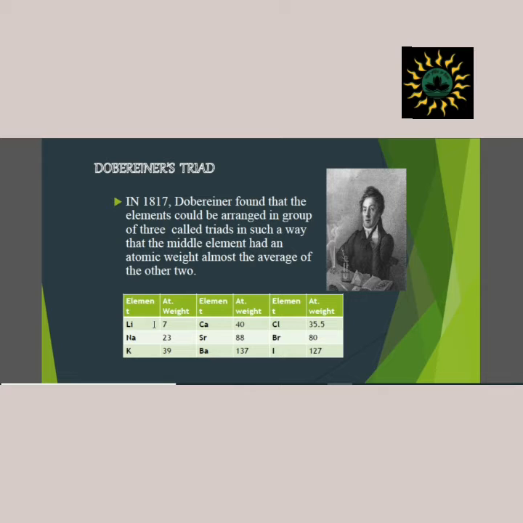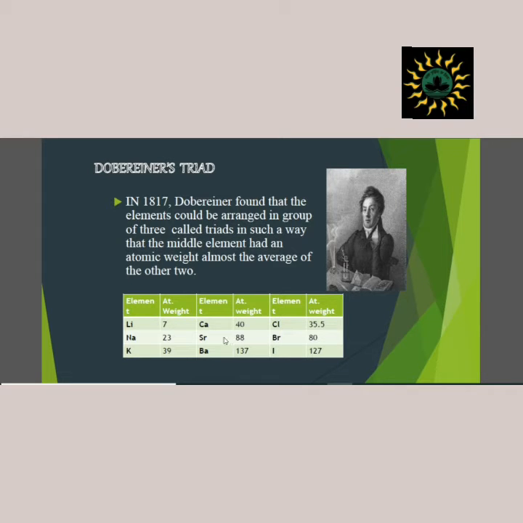If you divide by 2, taking the average, 46 divided by 2 is exactly 23, which is the atomic mass of sodium. Now, if you observe the properties of lithium, sodium, potassium, they are similar: all these elements are metals, all of them show a valency of 1, and all of them react with water to form hydroxides.